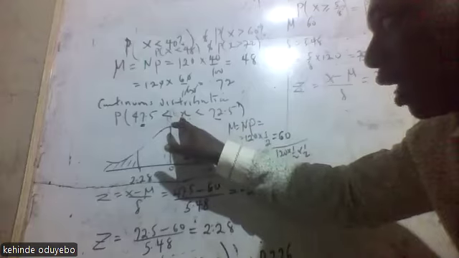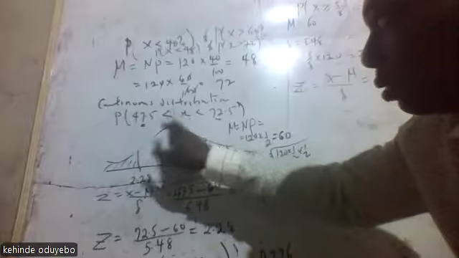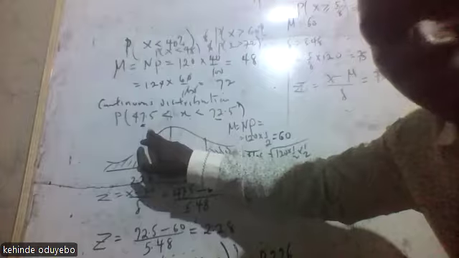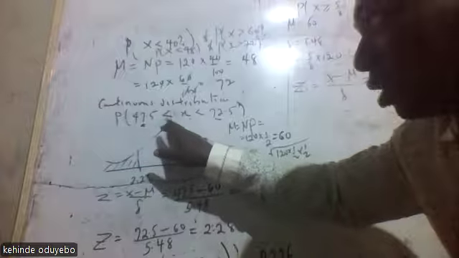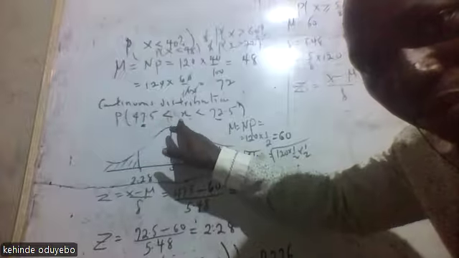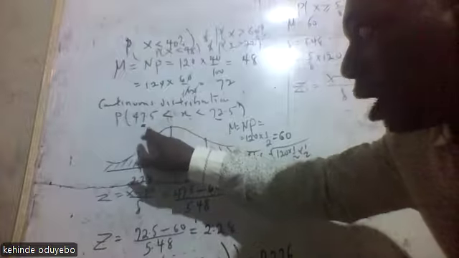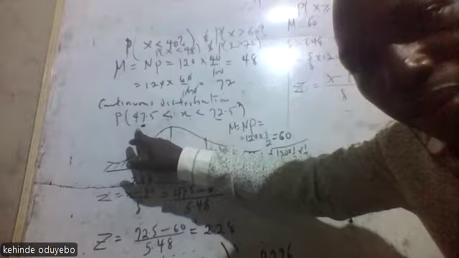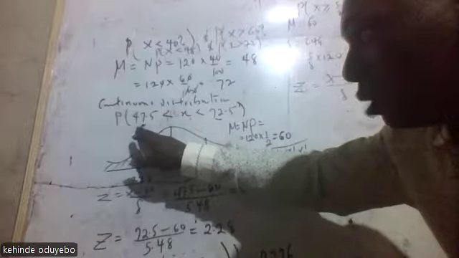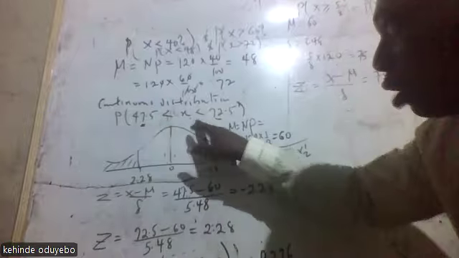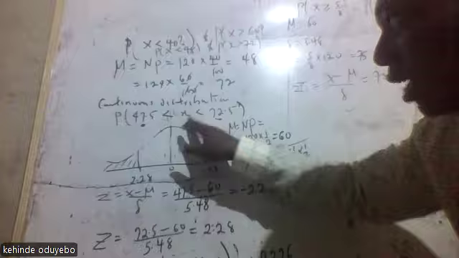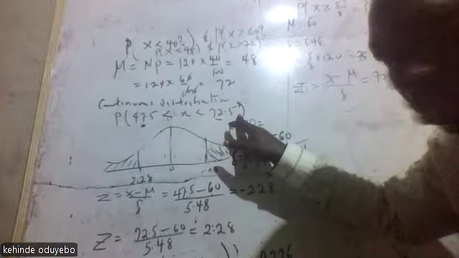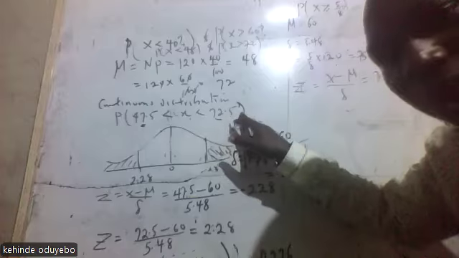When you turn this x this way, you know it will be x greater than 47.5, isn't it? You see that the lower one, you removed 0.5. When it is greater than, you remove 0.5. This one, when you turn it, is x less than 72.5, and you added 0.5.